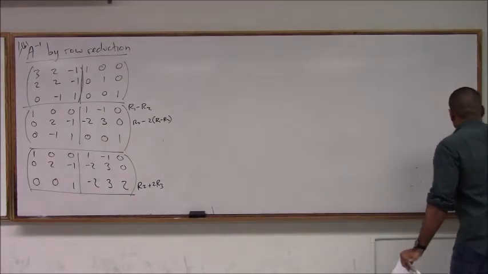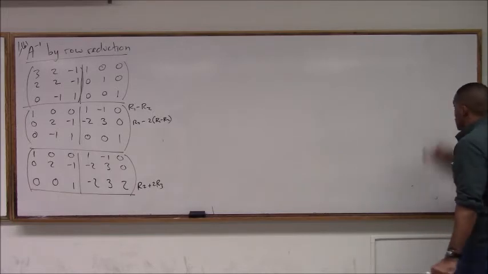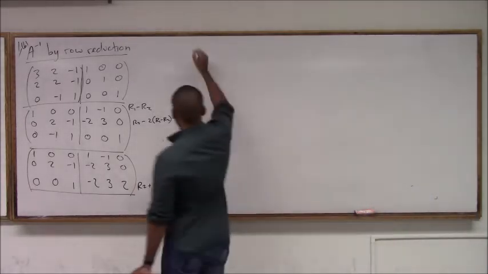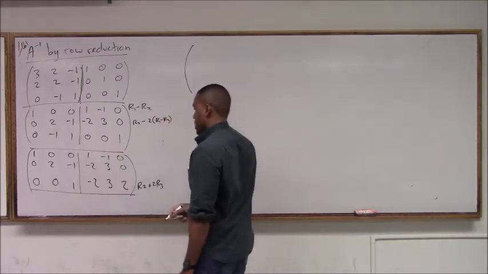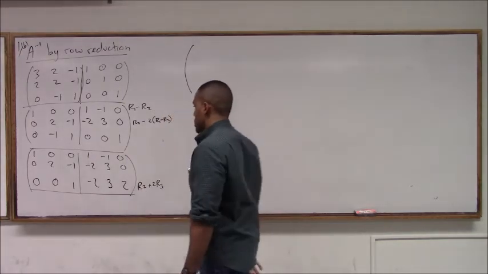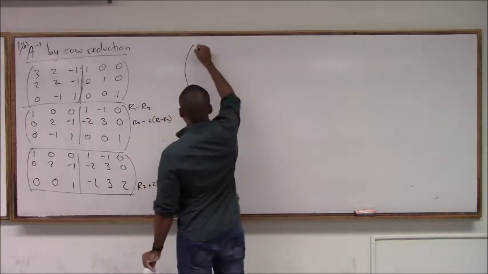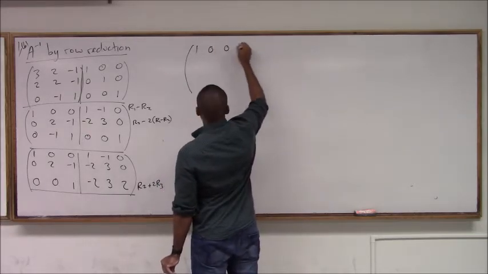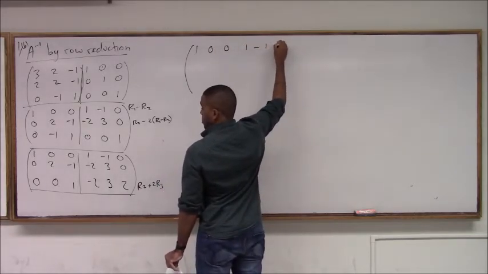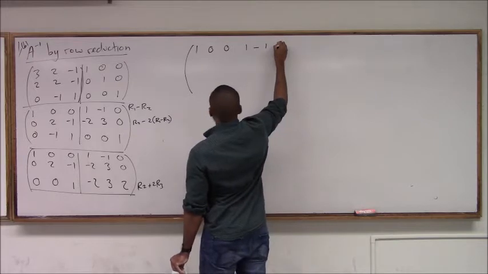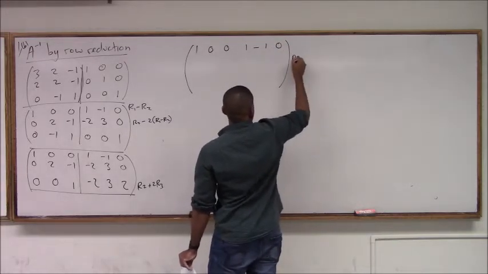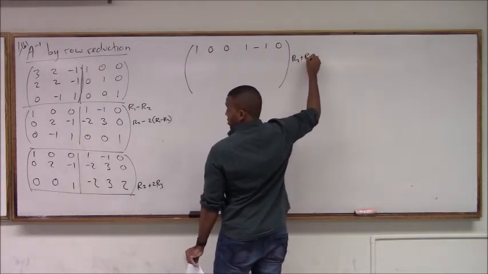We sort of know what answer we should get, so it's not going to be the check again. And so add row 2, just add these two guys. Just 1, 0, 0, 1, minus 1, 0. I'm going to take row 2 plus row 3.